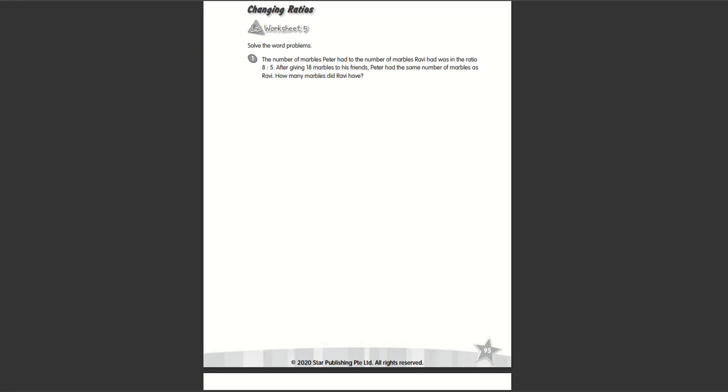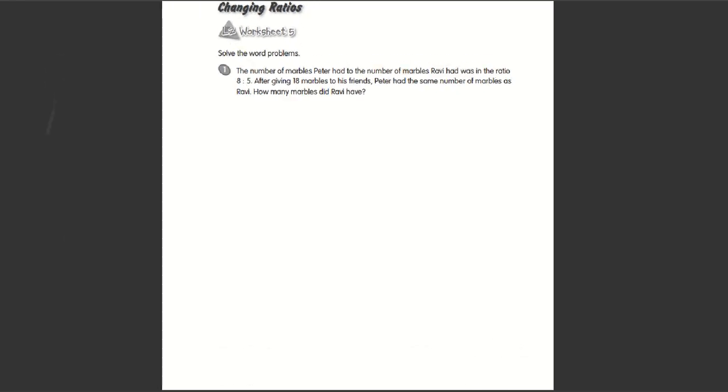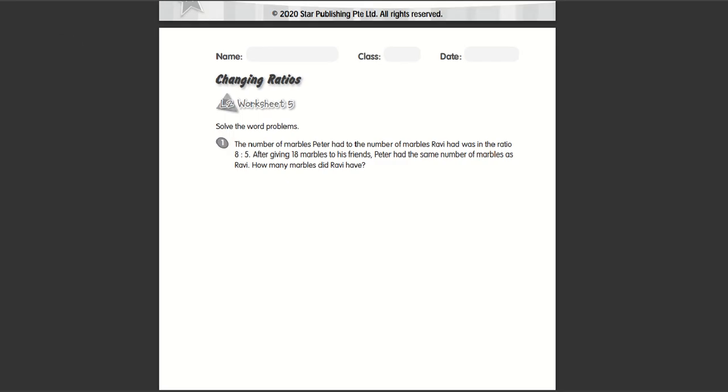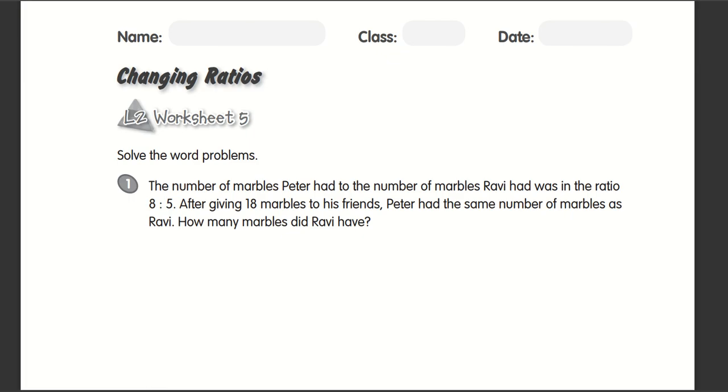Alright, so I'm going to write down here. In all problems, there will be these characters involved. Usually, like in this case, there's Peter and Ravi, there are two characters. There's a bigger quantity, a smaller quantity, and then we heard about sum and difference.